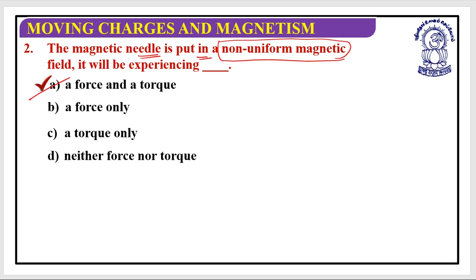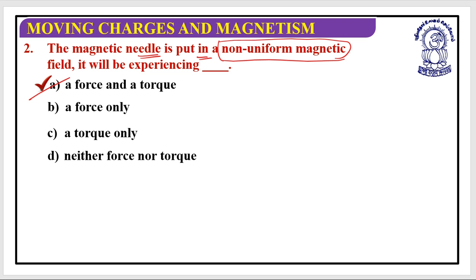Even at that time, the torque acting on it was p cross e. Here it is a torque of m cross b. So these are the same thing, just correlations between the torque in the magnetic field and the torque in the electric field.